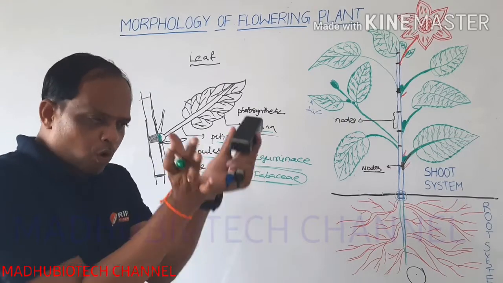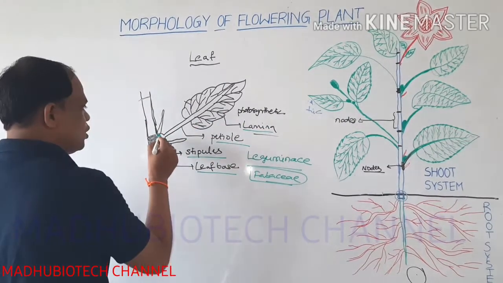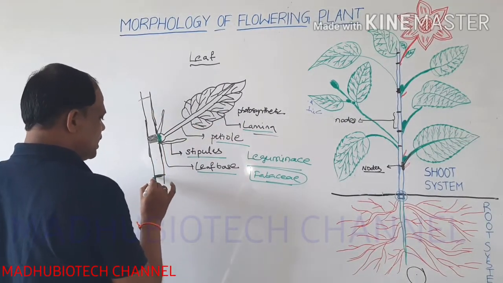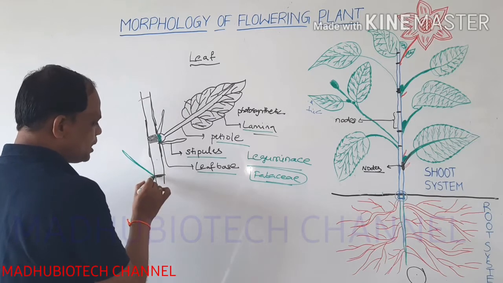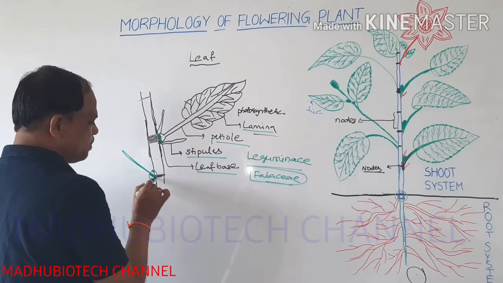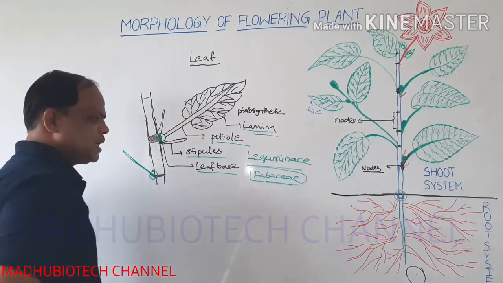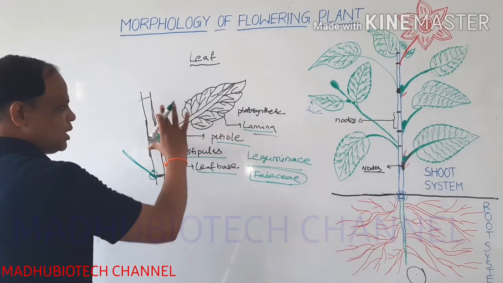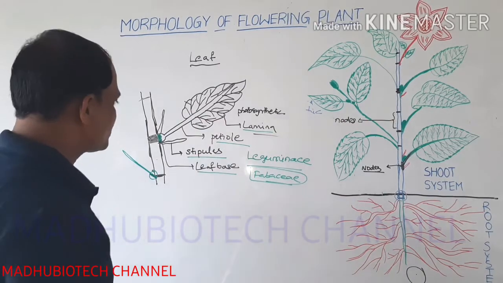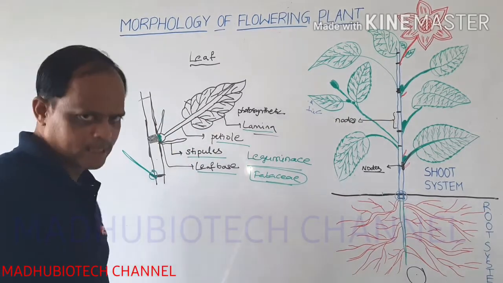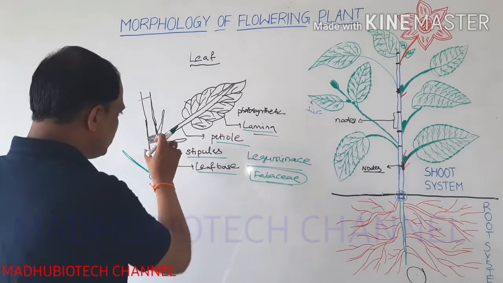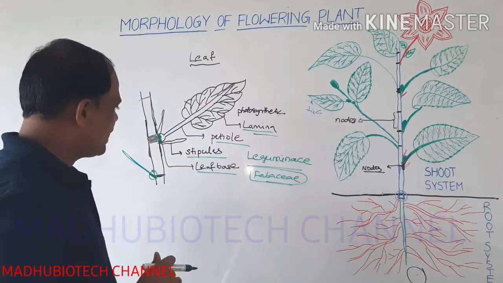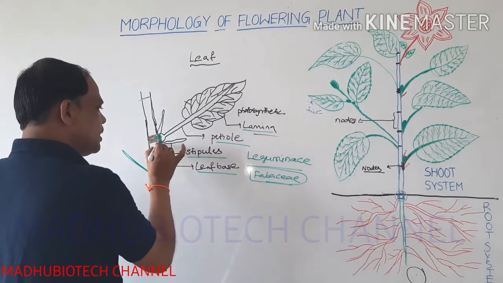Normally, all the leaves are directly attached to the nodes place, but in Fabaceae family plants, the swollen base is also called the pulvinous leaf base.